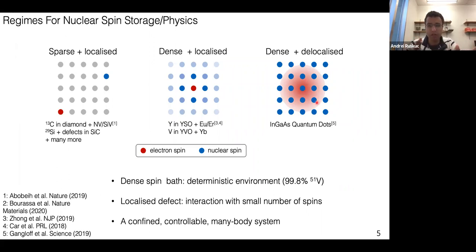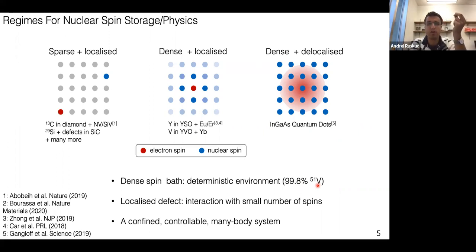Our system realizes an intermediate regime between these two systems. The spin bath that we work with, the vanadium in this yttrium orthovanadate crystal, is dense. This is largely because of the isotopic purity of the vanadium. By natural abundance, more than 99% of it is the vanadium-51 isotope. In addition, the electronic spin of these rare earth ion atoms is highly localized.